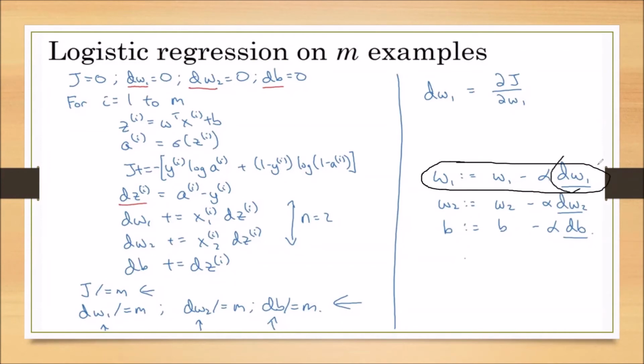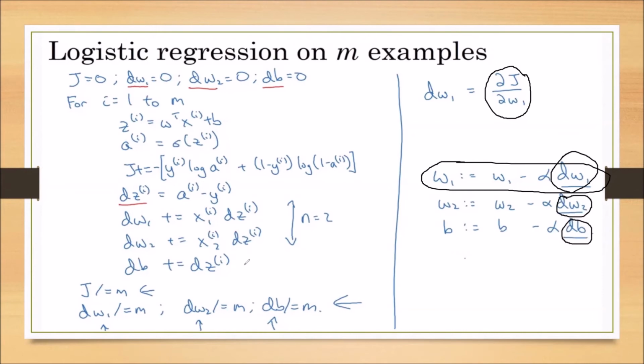What is this DW1? This is the differentiation of the cost function with respect to W1 for all training samples. Remember, for all training samples we are differentiating the cost function with respect to W2, and the differentiation of the cost function with respect to B for all training samples we are taking.